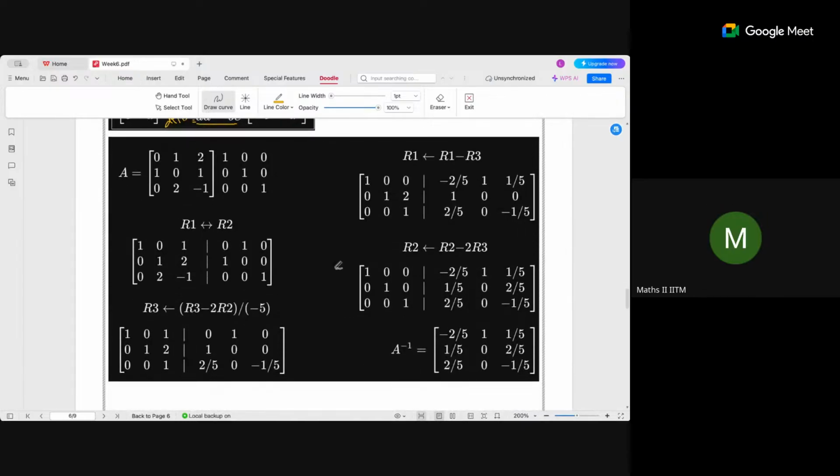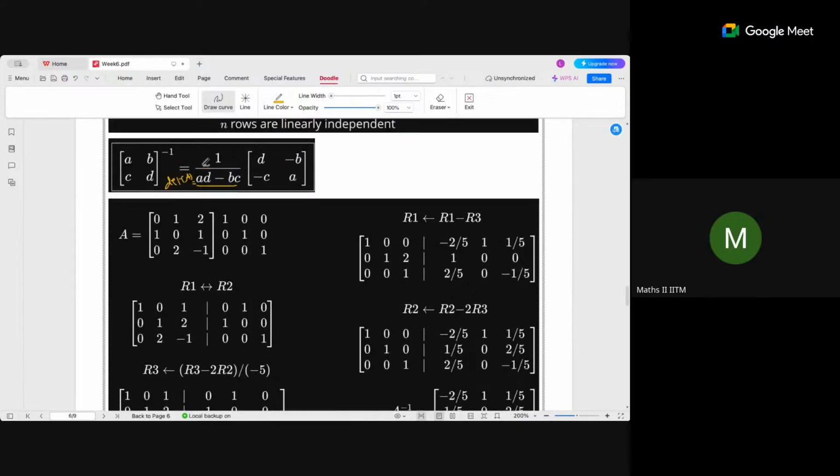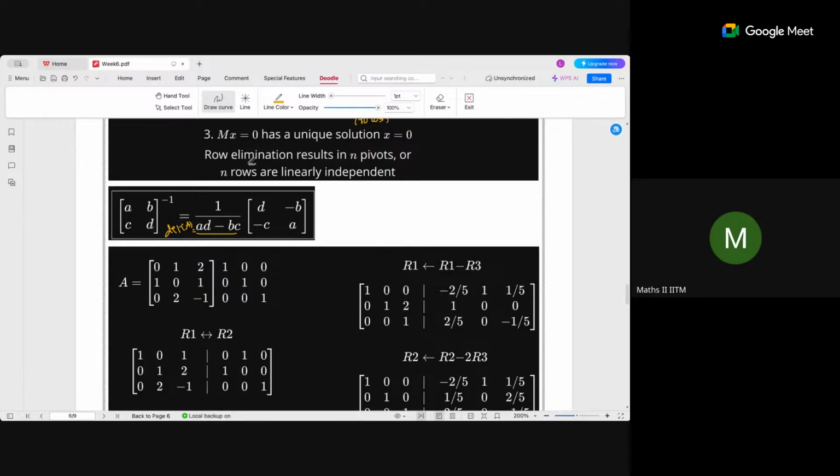How are we going to find it? We are going to use the row elimination concept, but we are not going to do the row elimination only for A; together with A we are going to augment an identity matrix. Augment means just keep another matrix together with this. We do the row operation for all these entries.